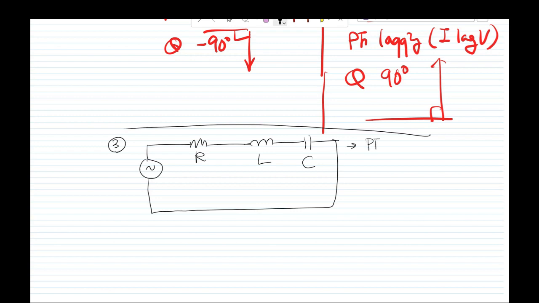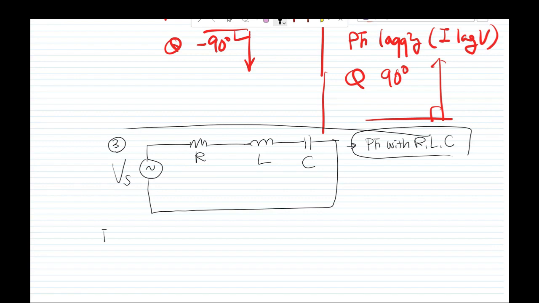So how can we determine the power factor with R, L, and C? For this case, if a network has both capacitive and inductive elements, reactive power components, the power triangle will be determined by the difference between the reactive power delivered to each one.